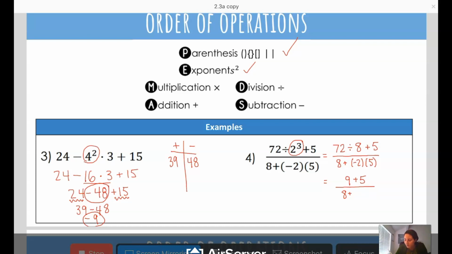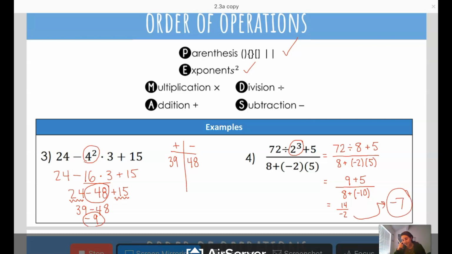Negative 2 times 5, which is negative 10. I've got to keep simplifying the top and bottom. So 9 plus 5 is 14, and 8 plus negative 10 is negative 2. So now we have 14 divided by negative 2, which is negative 7. Sorry, I keep running out of room. Negative 7.